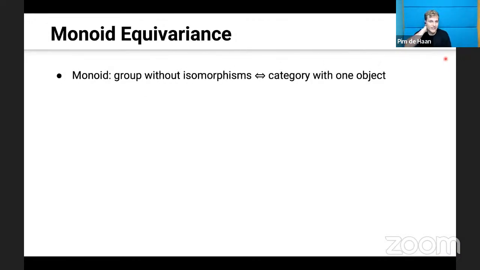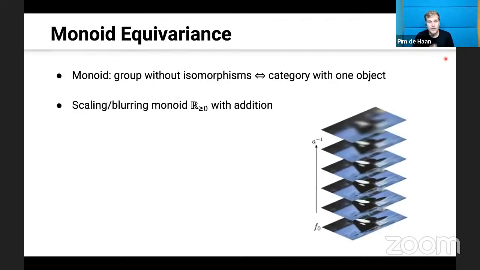A further example I'd like to give is monoid equivariance. A monoid is very akin to a group, but without the existence of inverses. So not every element is invertible, and a monoid is equivalent to a category with only one object. To give an example, we can think of a monoid of non-negative numbers with addition, and it's clear that these don't have inverses.